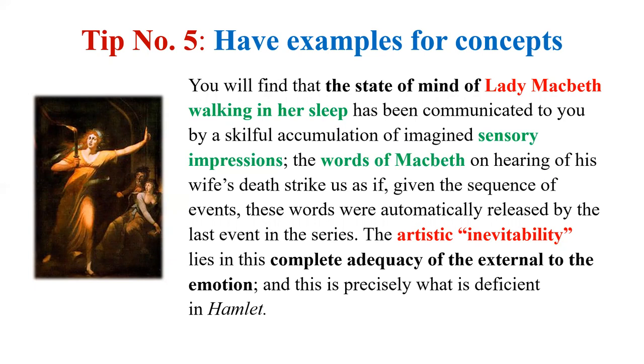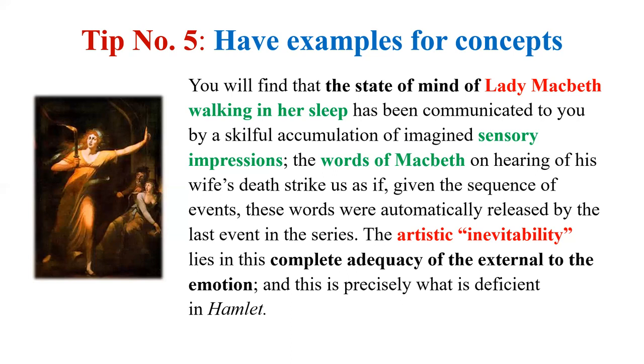She's suffering from guilt, and it is expressed through this scene, through her words and also the words of Macbeth. So these are the external features through which we are able to connect the external and the emotion it tries to convey. And this is objective correlative.